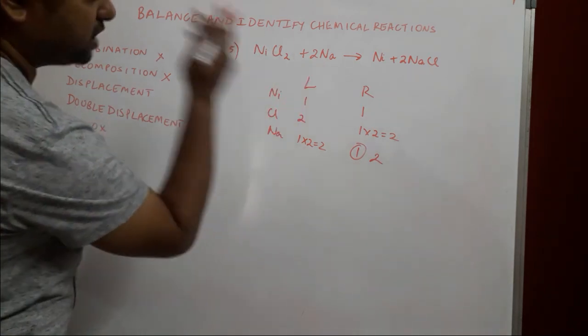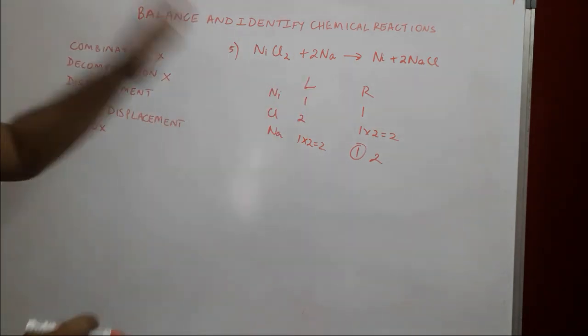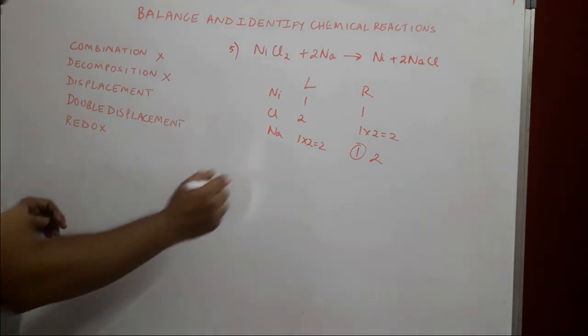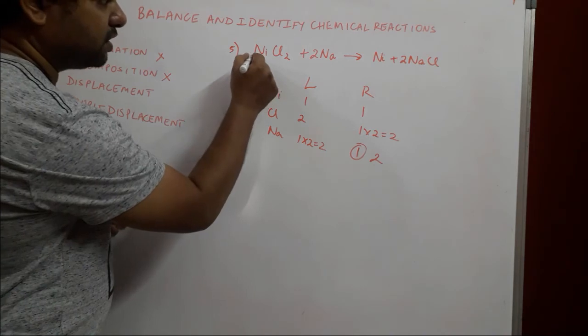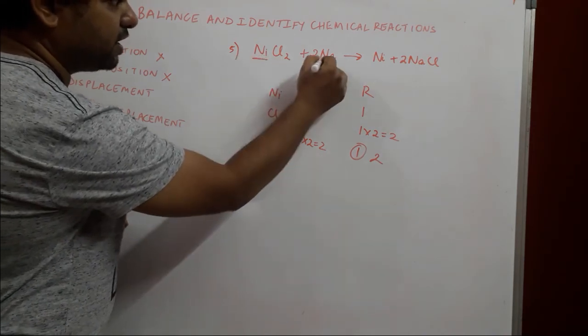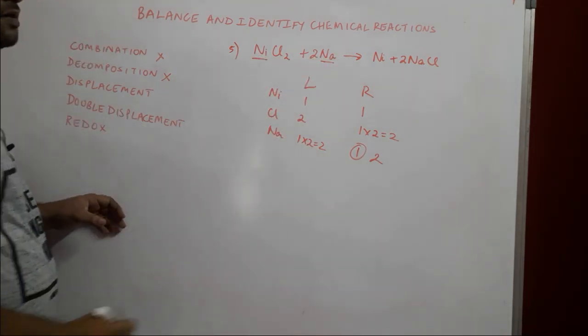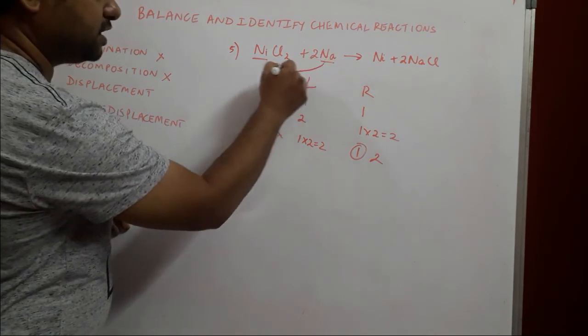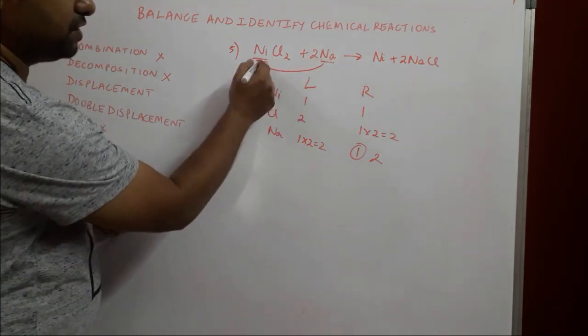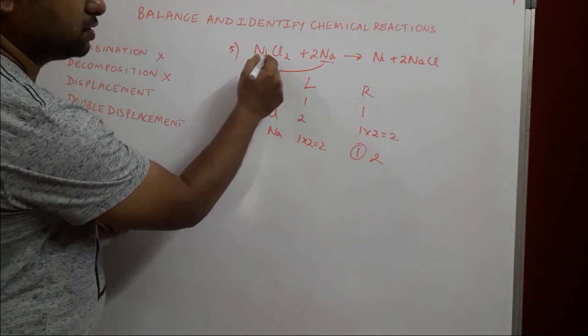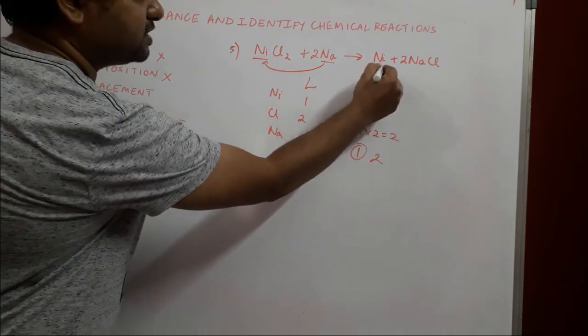Yes, this looks like a displacement reaction, because if you have a look, these are metals, nickel and sodium, and sodium comes in place of nickel, knocks nickel out, and nickel is left all by itself.